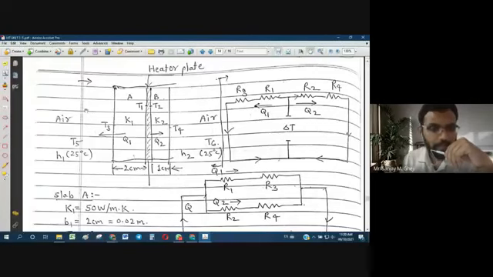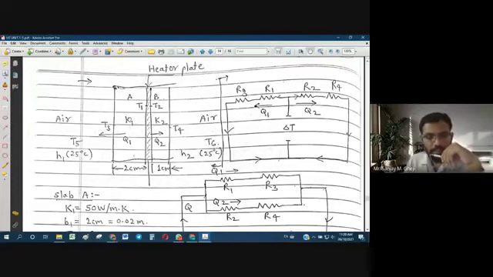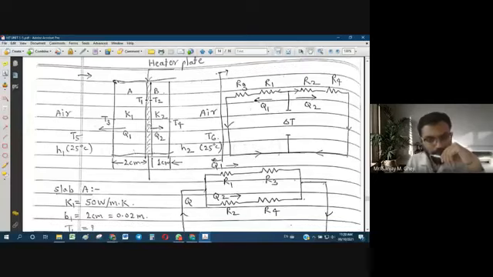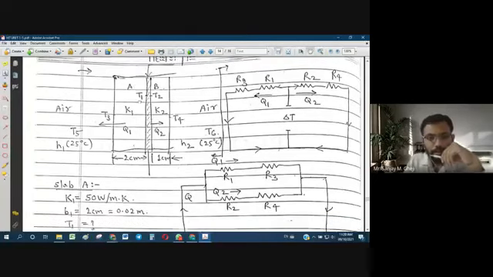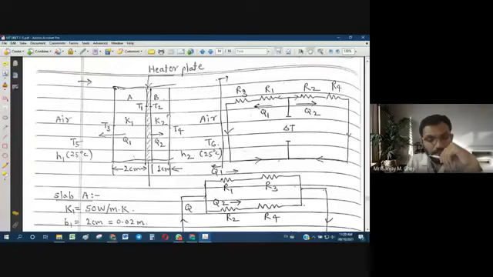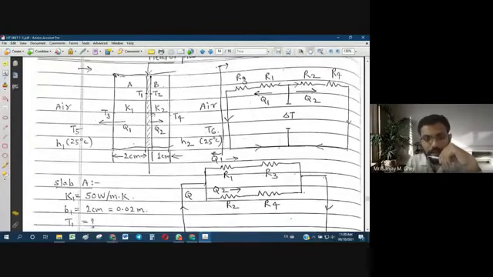The same will happen on the right-hand side: first by conduction through plate B, and from this surface to the outside air by convection. So two modes of heat transfer are involved on either side: conduction and convection. Then we can consider the thermal resistances, which are connected in parallel.